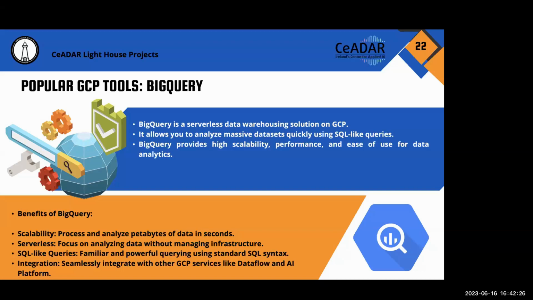In GCP, we don't need to worry about the infrastructure, and with a direct API call we can manage everything. It has a powerful querying language with SQL syntax, and we can integrate it with Vertex AI, a few more AI platforms, and Dataflow. So BigQuery is one of the important things for GCP, used by millions of people for retrieving information from very large amounts of stored data.